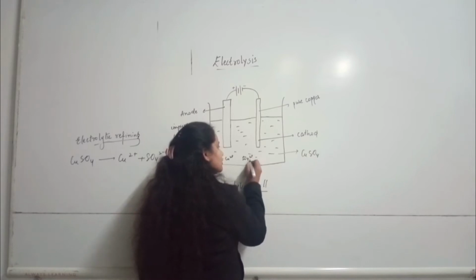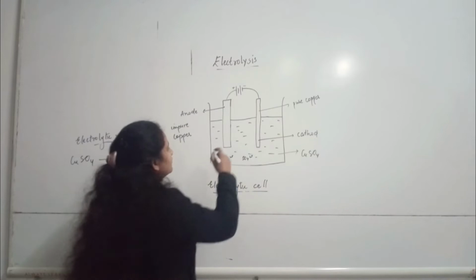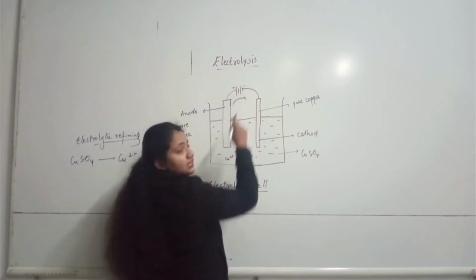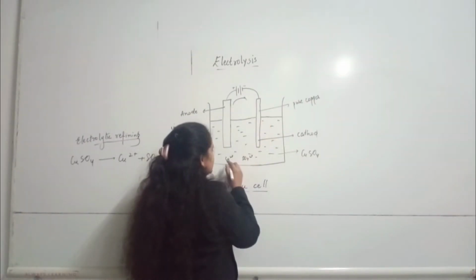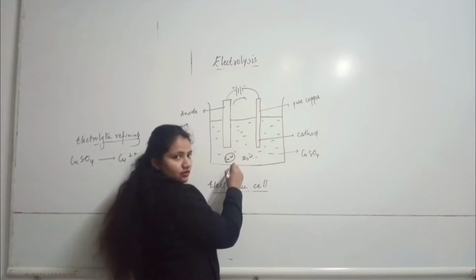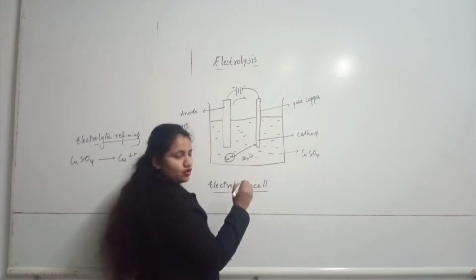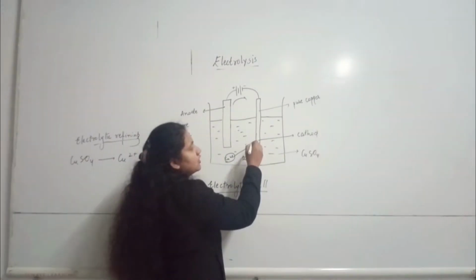We have both copper ions and sulfate ions. Electrons start moving from the positive terminal to the negative terminal, so we have electrons as well. When the copper ions are free, they move towards the cathode, and on gaining 2 electrons, they stick to the cathode.